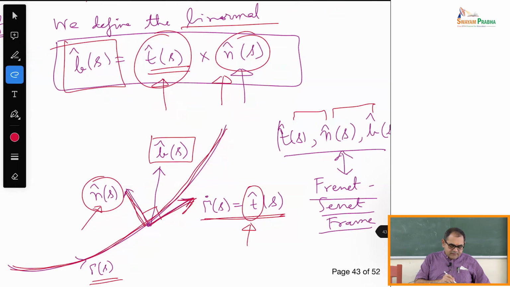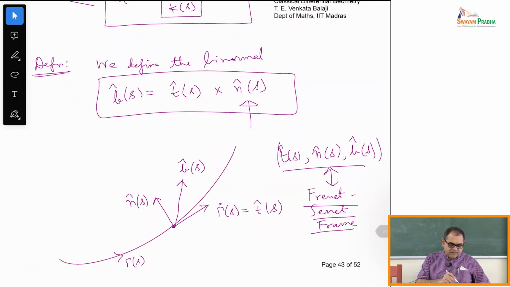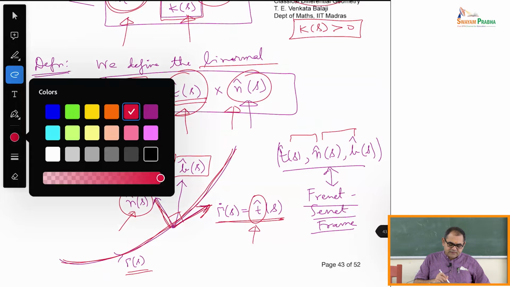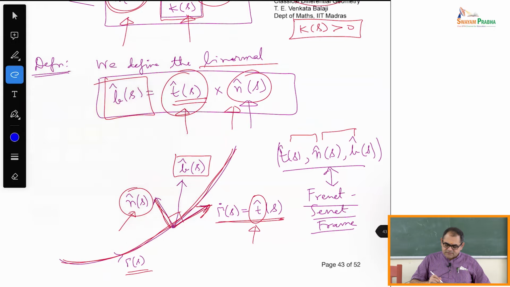There is some terminology here. You see this plane which contains the unit tangent vector and the unit normal vector. This is the plane which contains the circle of curvature, and it's called the osculating plane.